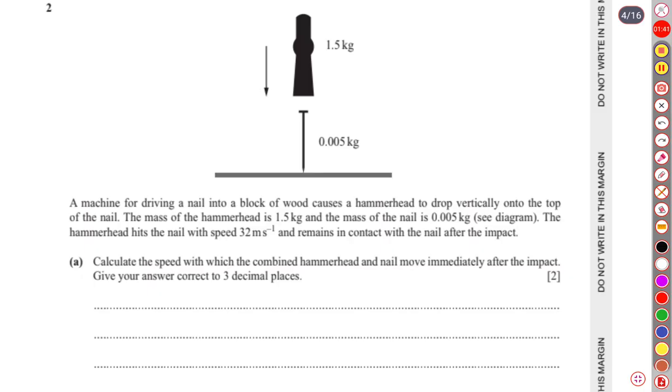So conservation of momentum is: mass of hammerhead into initial velocity of hammerhead, plus mass of nail into initial velocity of nail, is equal to mass of hammerhead into final velocity, plus mass of nail into final velocity. Initial means just before hitting the nail.